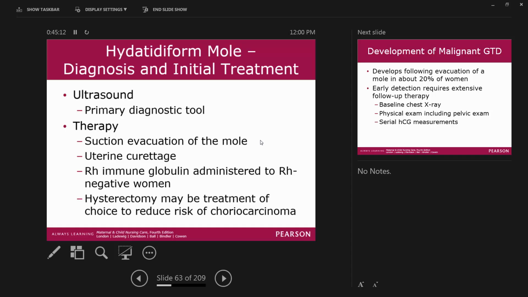For this, they really probably wouldn't need to do much dilation. They probably just suck it out. What is curettage? It's a little tool, actually a metal tool, that has kind of like a hoop type thing, and they scrape the uterus.